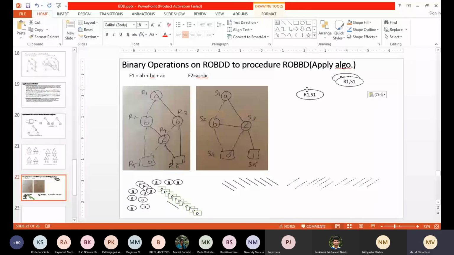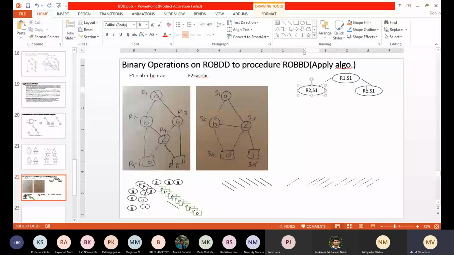Now let me take these two branches, one is 0 and another one is 1. Now you tell me, when R1 is 0, where is it going? When R1 is 0, it is going to R2. When R1 is 1, it is going to R3.